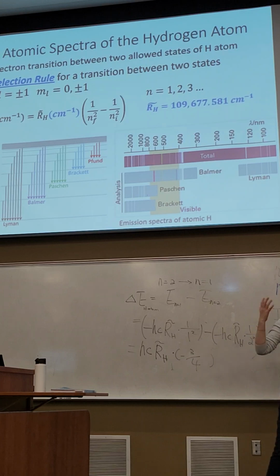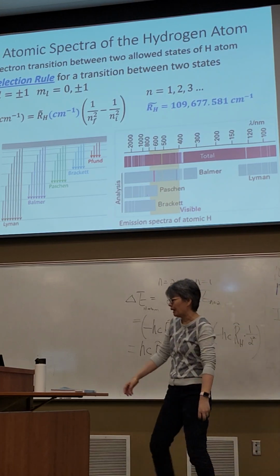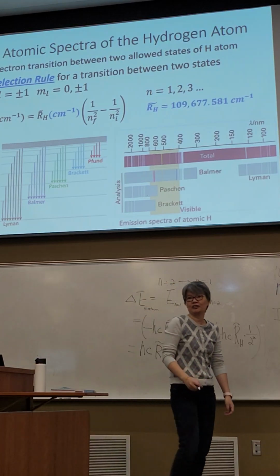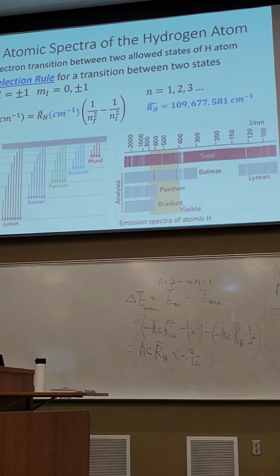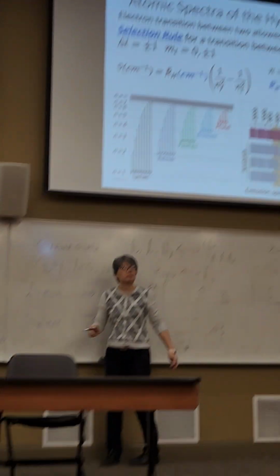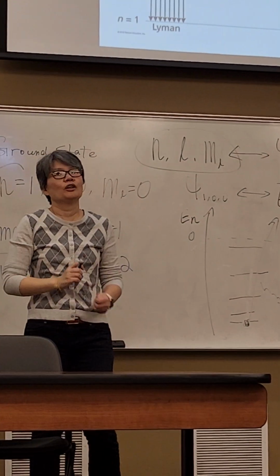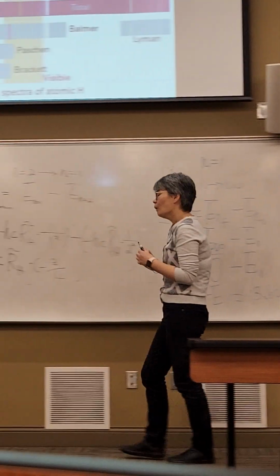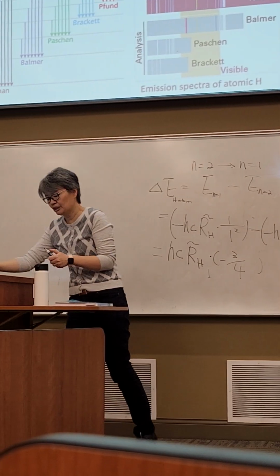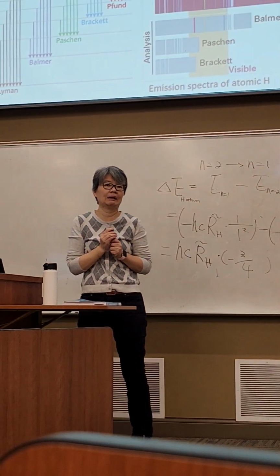But the quantum state of the electron is determined by three quantum numbers, not just the principal quantum number. So not all transitions between all quantum numbers are allowed.